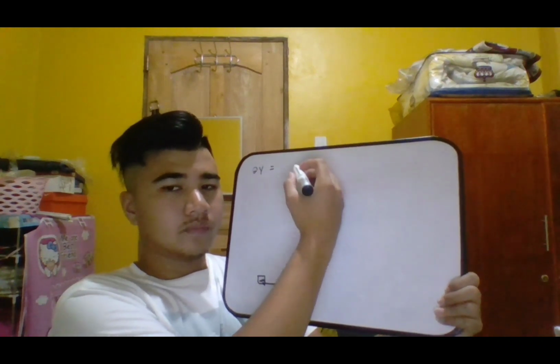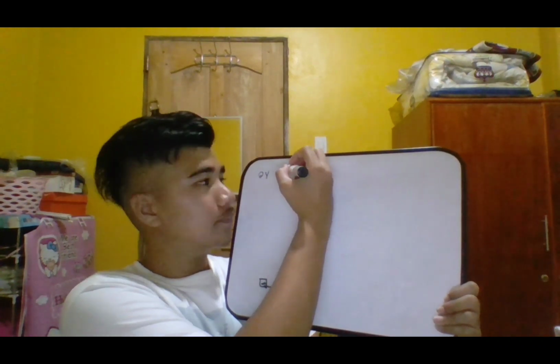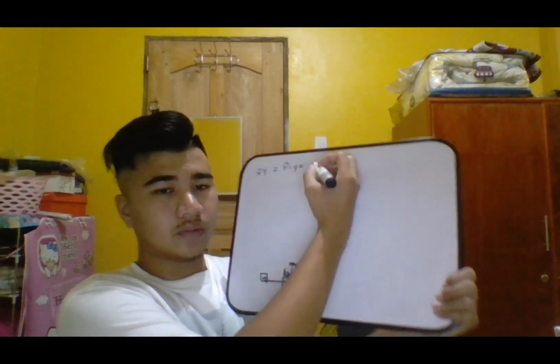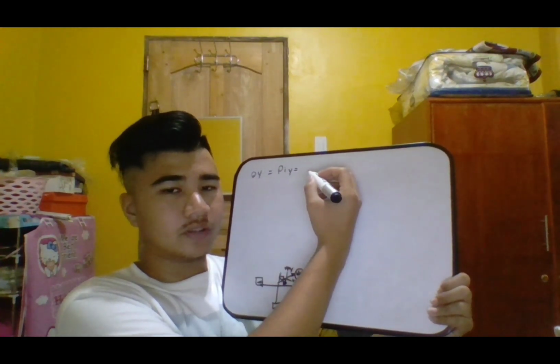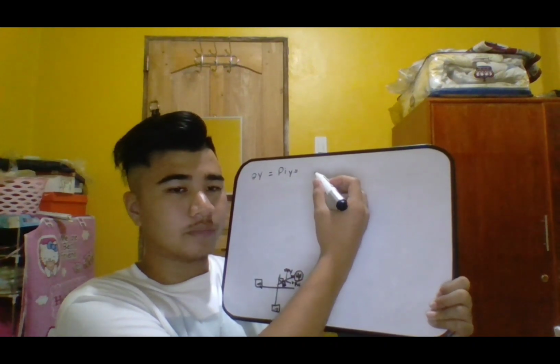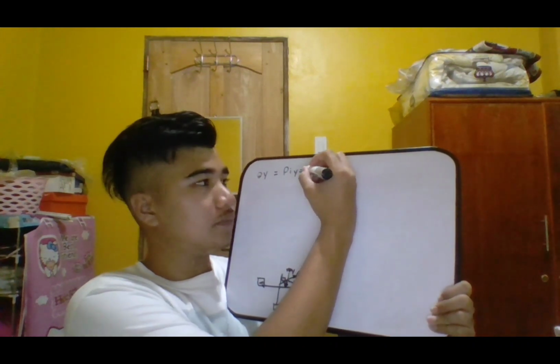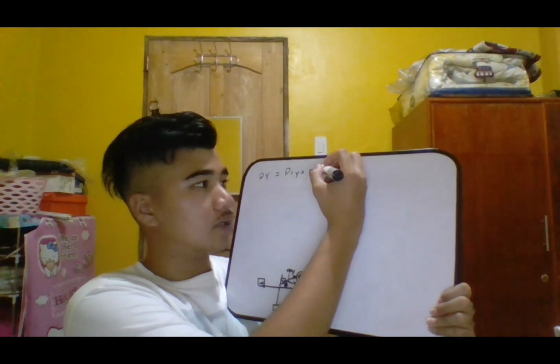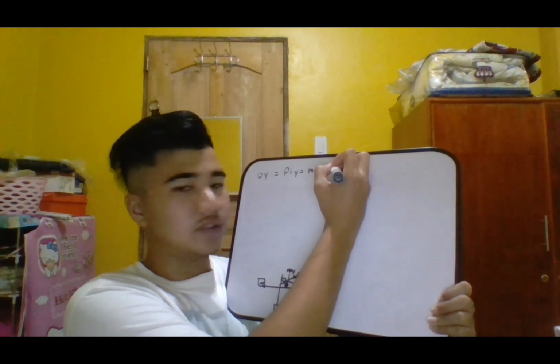At y component naman, initial momentum at y is equal sa, before the collision, nag-a-act si vehicle B lang sa y component, so this is the mass of B times sa velocity of B initial.